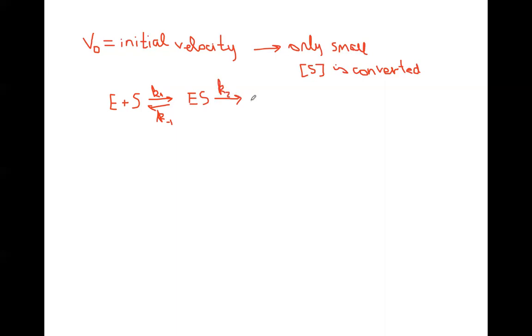Here we will simplify by saying that the product, once it forms, immediately dissociates from the enzyme. So it has lower affinity for the enzyme and immediately comes off. Now it's a simplification, but it works for most of the enzymes. So we'll stick with that.